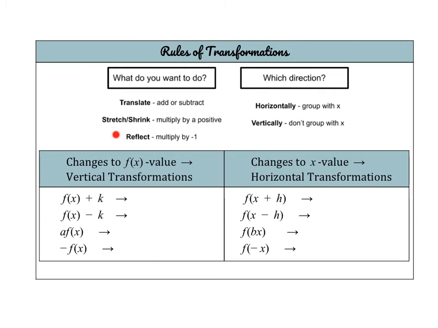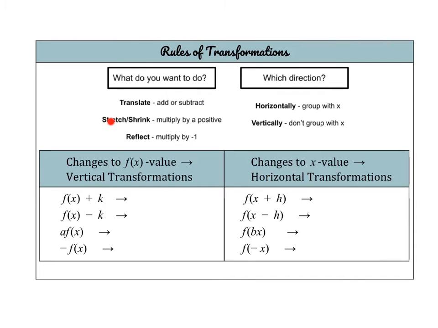The first thing you should ask yourself is, what do you want to do to your function? If you want to translate your function, meaning shift it up, down, left, or right, we're going to be using addition or subtraction. We're going to add or subtract to part of our function. That will always be the case here.